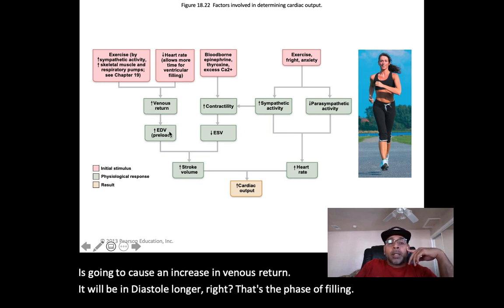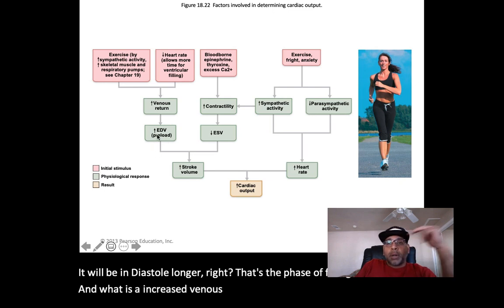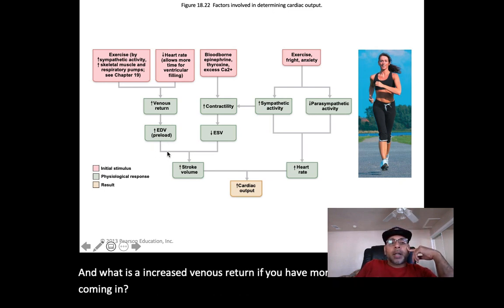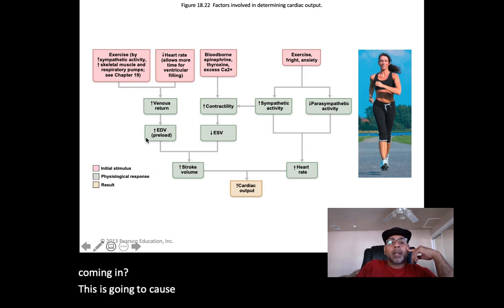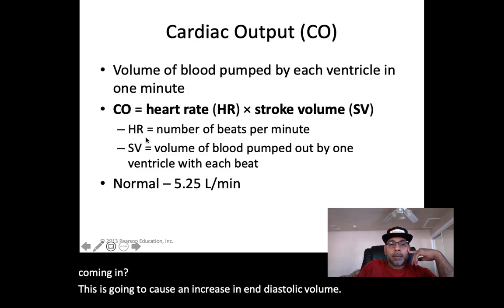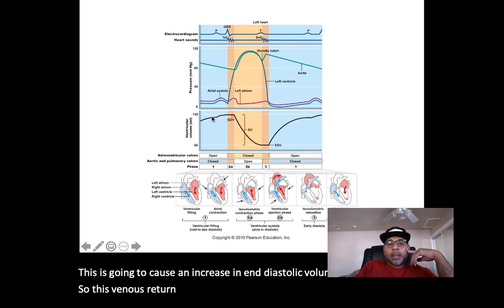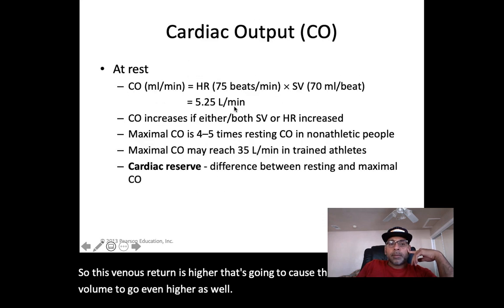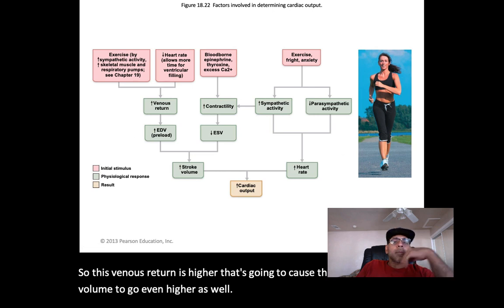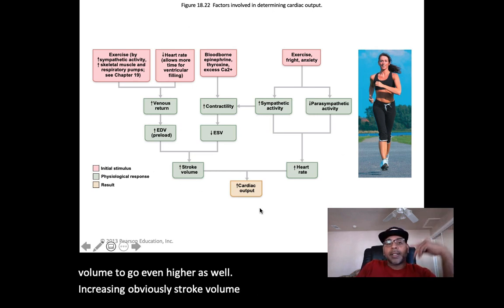And what is increased venous return? If you have more venous return coming in, this is going to cause an increase in end diastolic volume. So if this venous return is higher, that's going to cause that end diastolic volume to go even higher as well, increasing, obviously, stroke volume and increasing cardiac output.